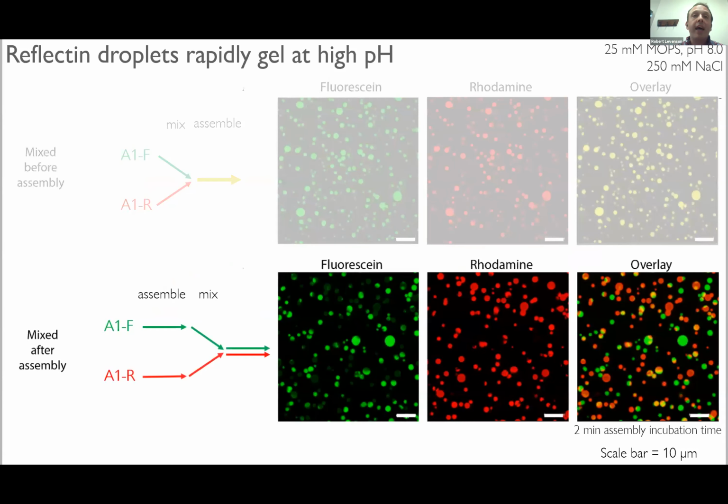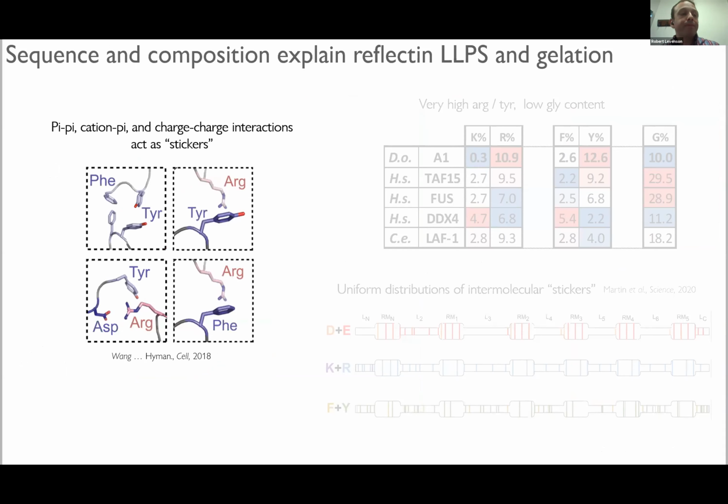In contrast, if we take each independent label, drive assembly in separate tubes, and then combine after a very brief incubation period, in this example 2 minutes, the labels are now heterogeneously distributed. So some degree of fusion does occur, but the mixing within these droplets is so low that the labels do not become anywhere close to homogeneously distributed because they become solidified so rapidly.